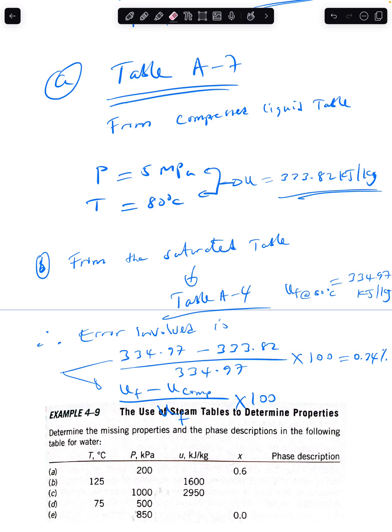So that's how we determine the percentage error.